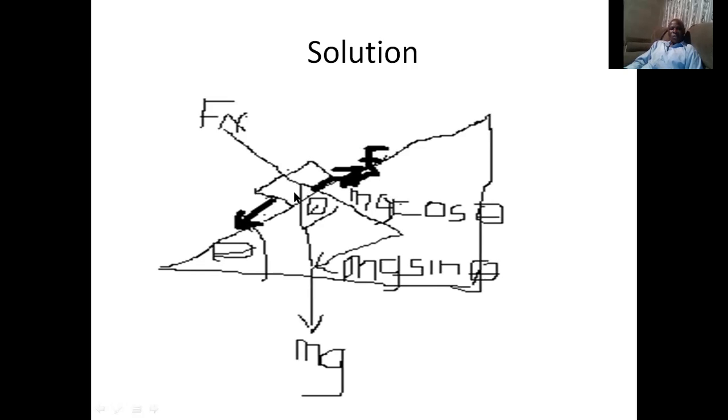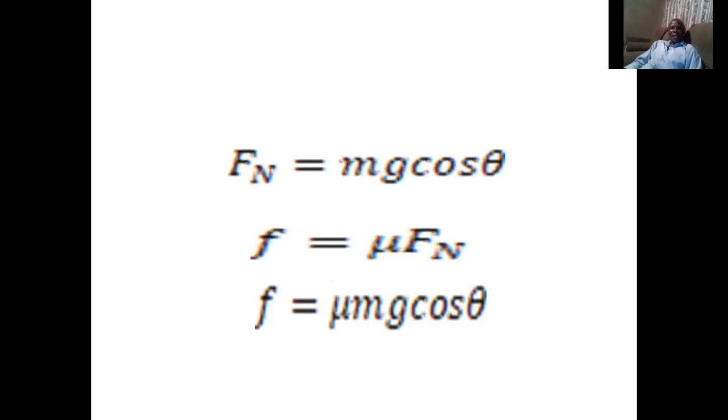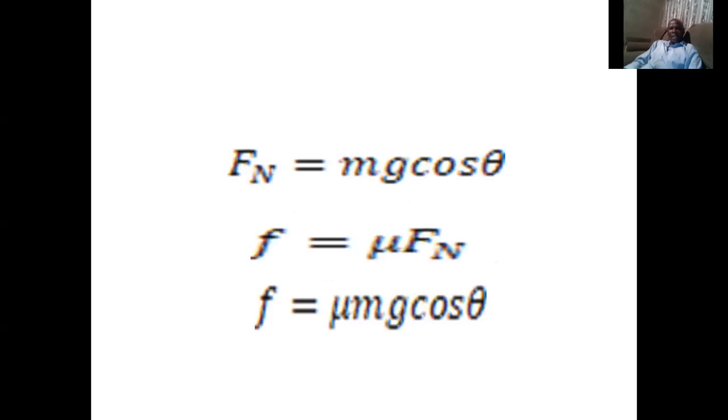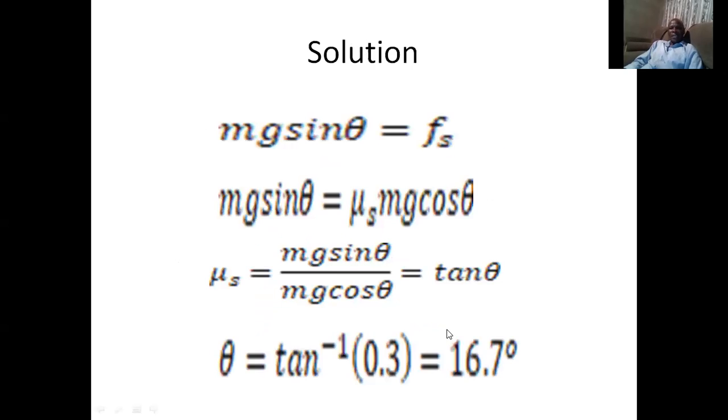Therefore, what we apply here is the coefficient of static friction. We are aware that the normal force is equal to mg cos theta, if the object is not moving up or down. The frictional force is equal to mu times the normal force, which is mu mg cos theta, as we discussed earlier.